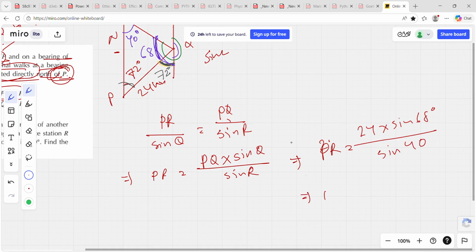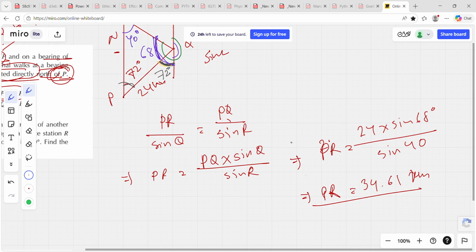So PR is equal to, if we use the calculator, 24 times sine 68 degree equal to 22.25, divided by sine 40 degree is equal to 34.61. So we'll get 34.61 centimeters, like kilometer.